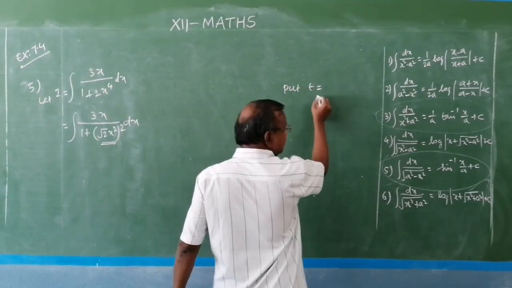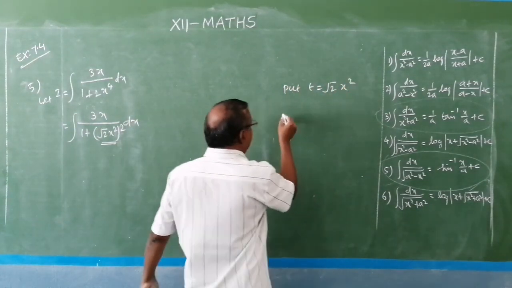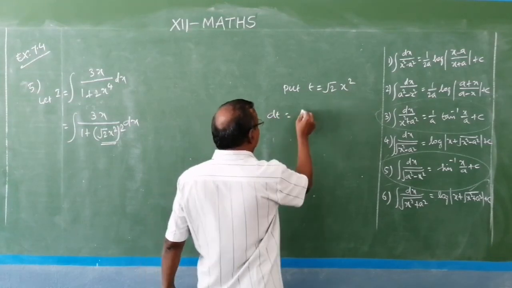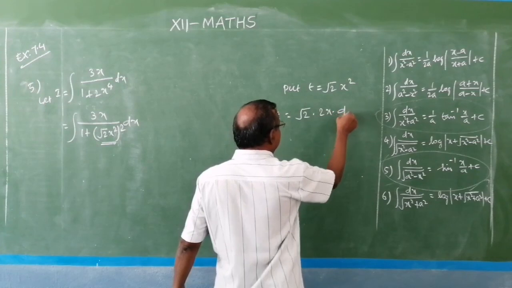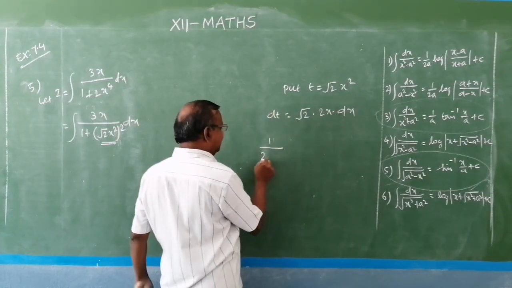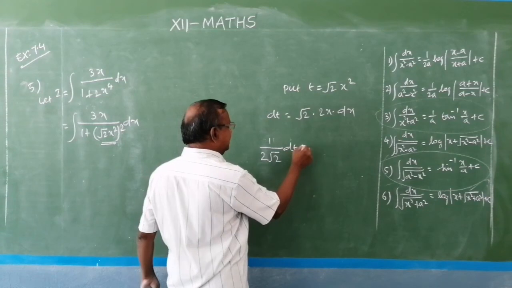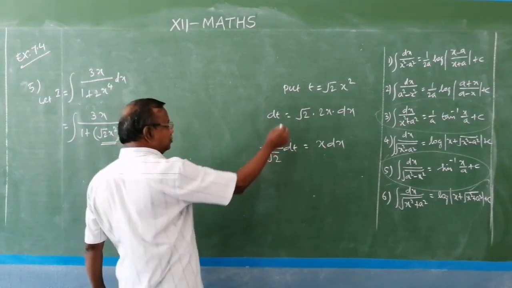Put t equal to root 2 x square, and dt equal to root 2, the multiplying constant, and x square becomes 2x into dx. Bring this 2 root 2 to the left, that is 1 by 2 root 2 into dt equals x into dx. Now substitute these values.